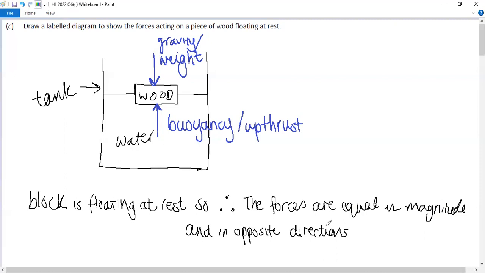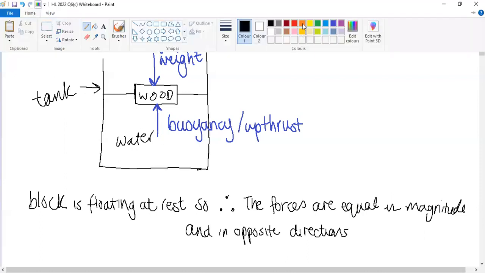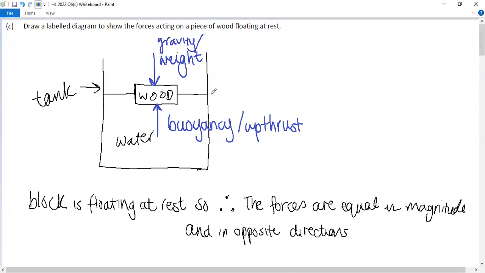Okay, now, like I said, I have the marking scheme attached, and I don't know if you're interested in this, I'll do it for today, and I'll see if I keep it up, depending on the question. I'm going to come along with my red pen, as if I was marking it for you, and I would say, okay, you've got weight labeled downwards, that is 3. You've got buoyancy and upthrust labeled upwards.